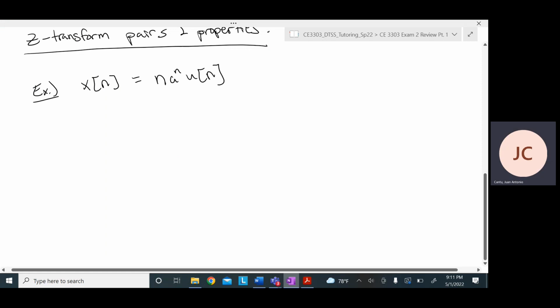Let's say we're given this: given that the Z transform of n u of n is equal to z over z minus 1 squared. Okay, so given this, the Z transform of n u of n is equal to z over z minus 1 squared, find the Z transform of n a to the n u of n.